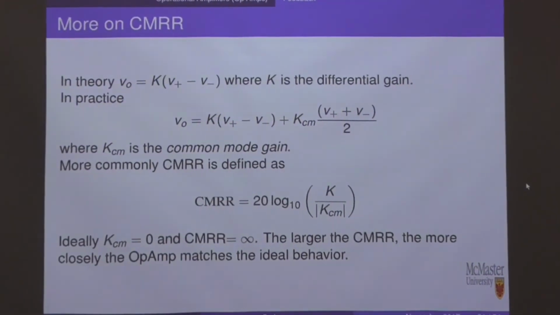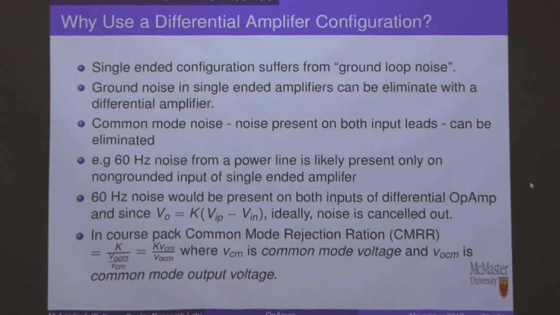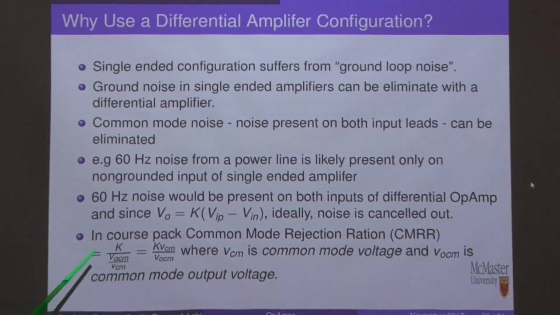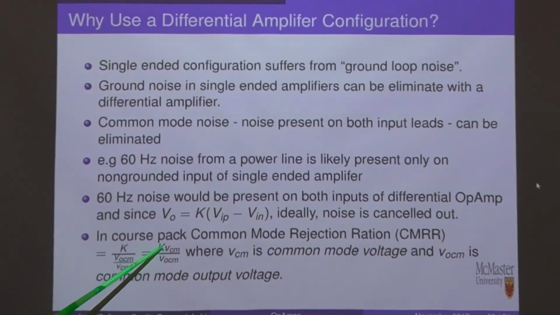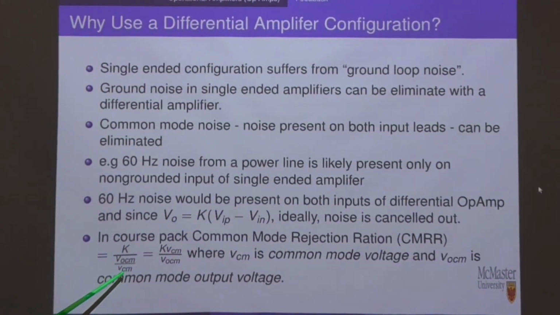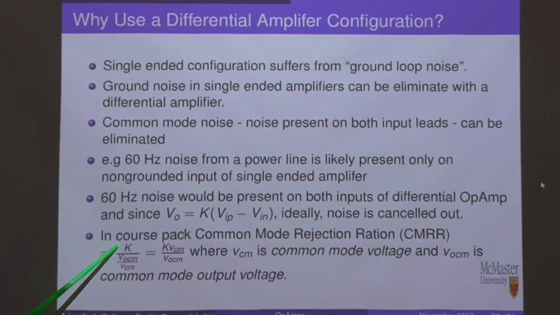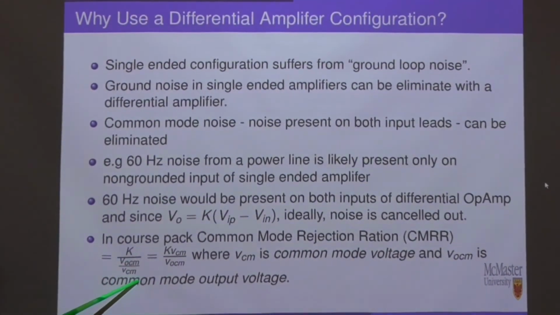CMRR stands for common mode rejection ratio. The common mode rejection ratio is the regular gain over the common mode gain, right?